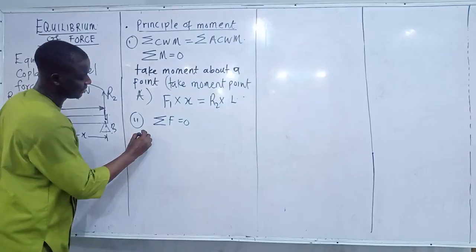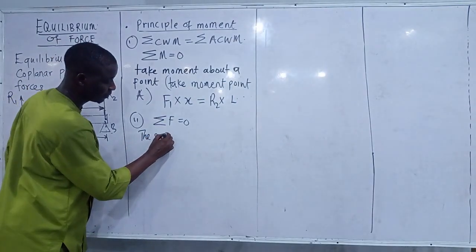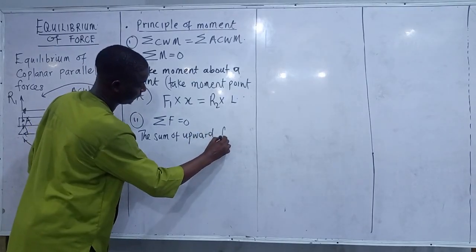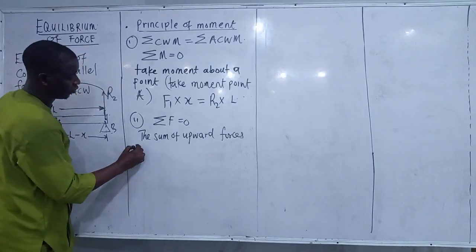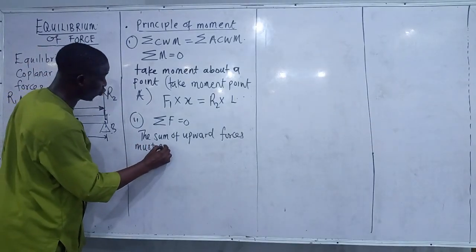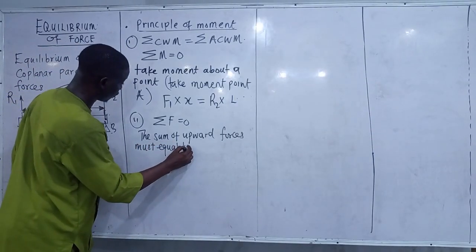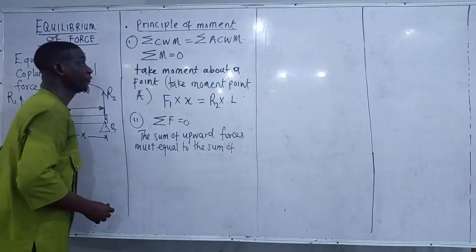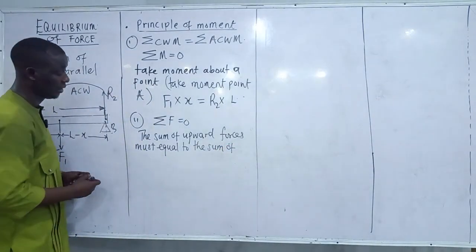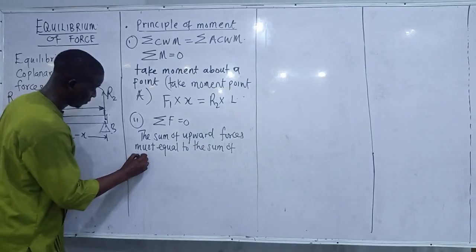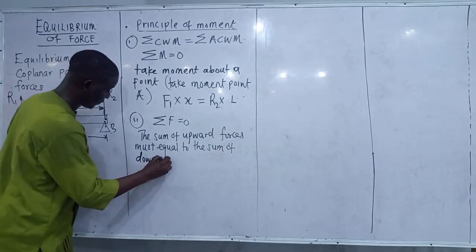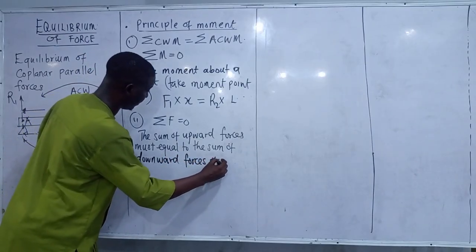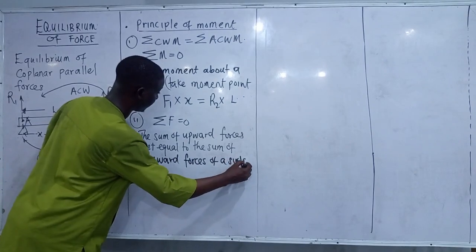In other words, we can say the sum of upward forces must be equal to the sum of downward forces of a system in equilibrium.